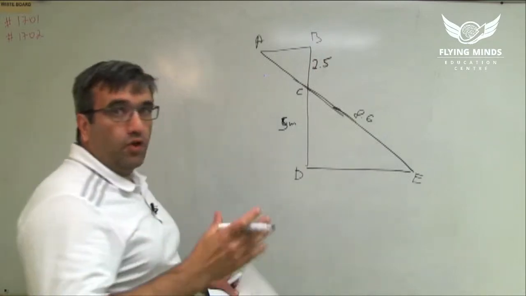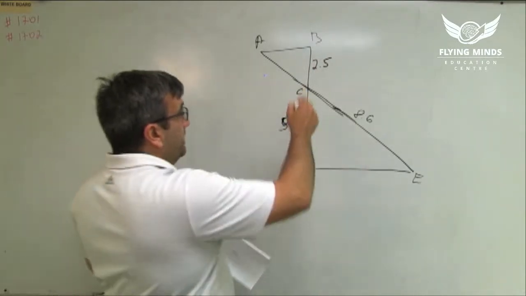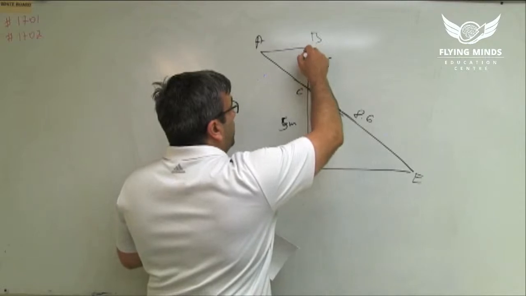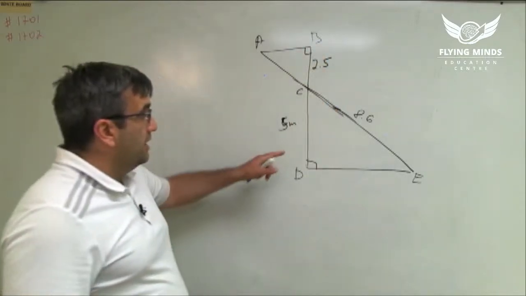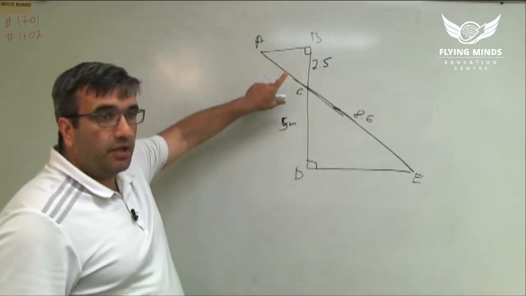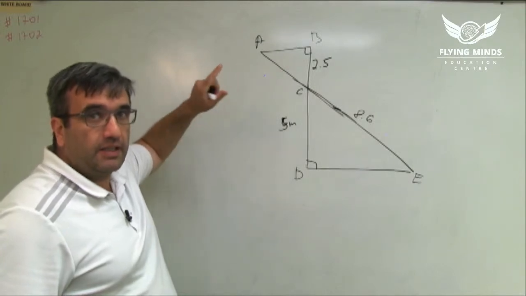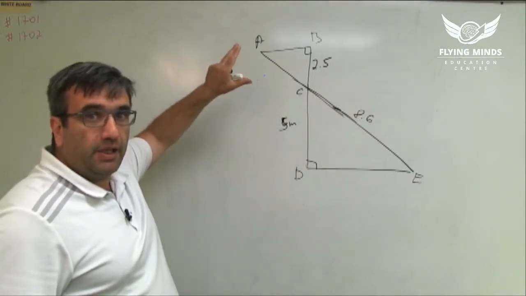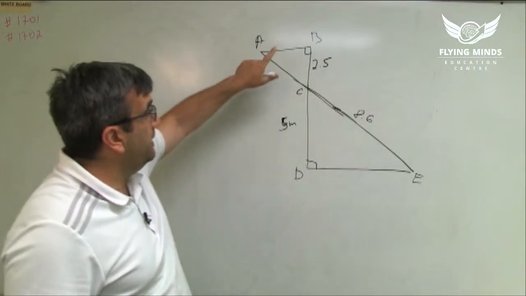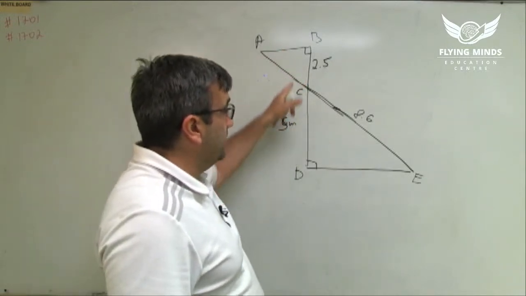Okay, so those are similar triangles, and they are right triangles. Similar triangles means that they are similar in shape but different in size, right? So we can figure out the scale.